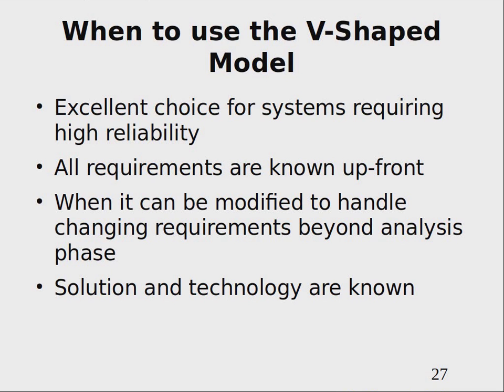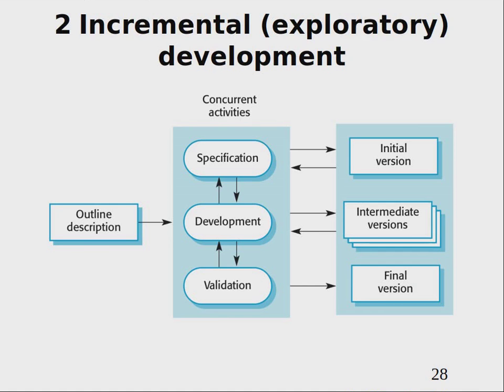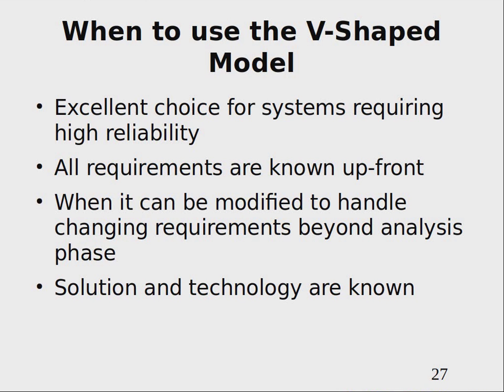But it is very good for collecting and using system requirements and testing them. And also it is quite good if you already know in which kind of technology you will implement this system.